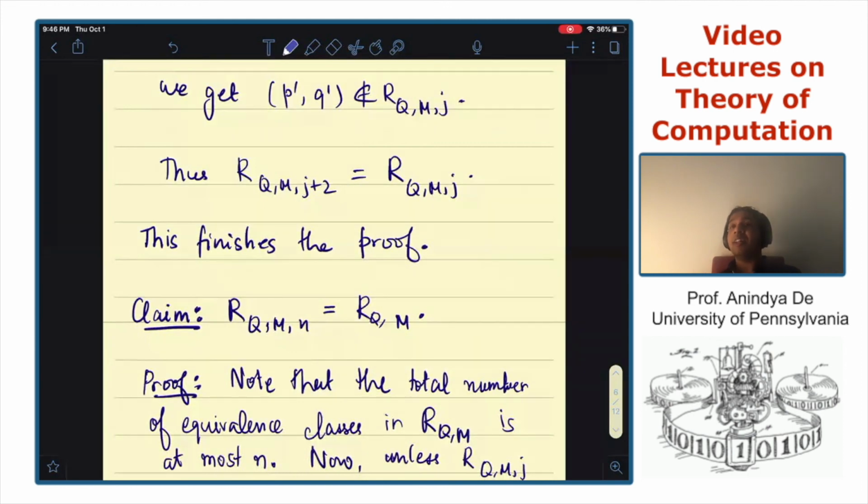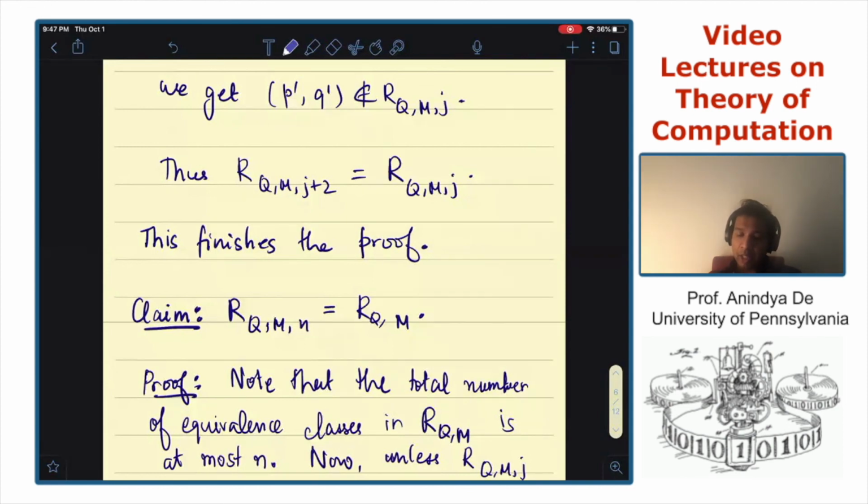This tells us now that to compute R_{Q,M}, you just need to compute up to R_{Q,M,N}. That also implies automatically, I will prove this claim, that you can compute the equivalence relation R_{Q,M} in polynomial time, because you can compute R_{Q,M,N} in polynomial time.